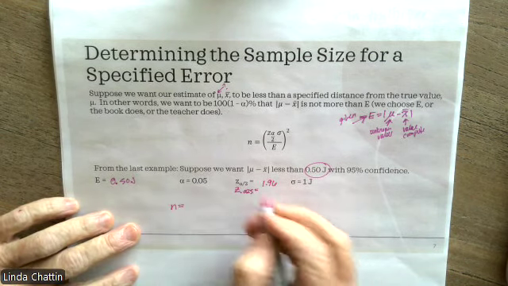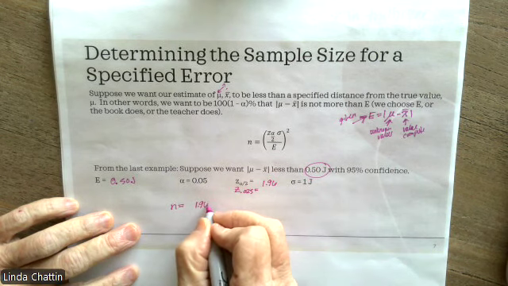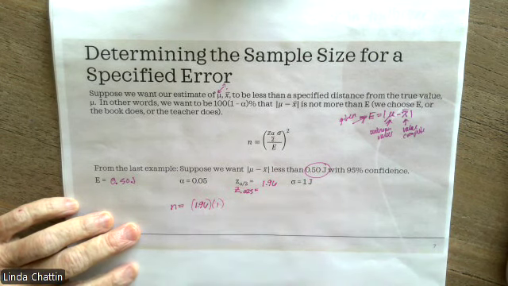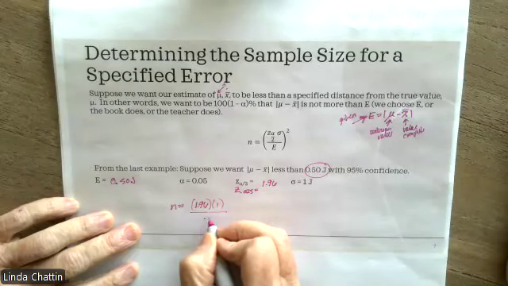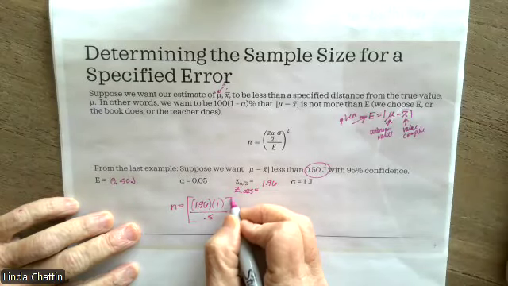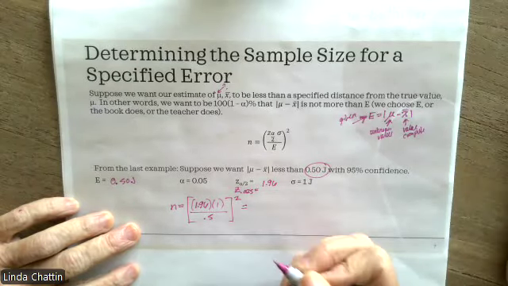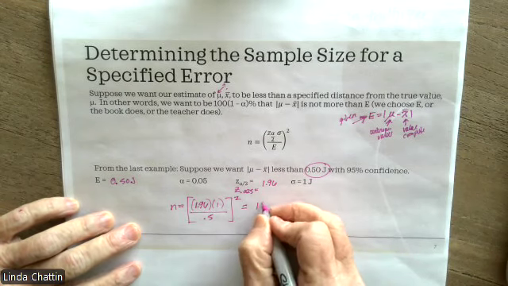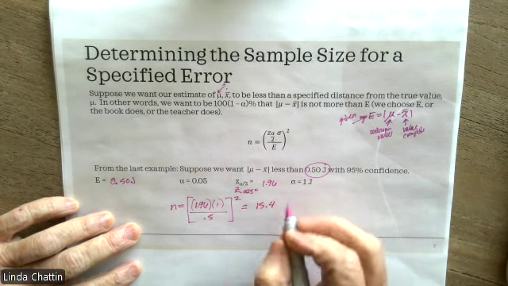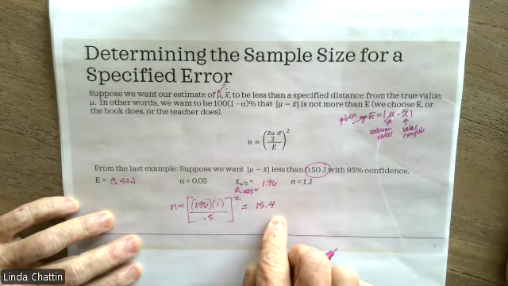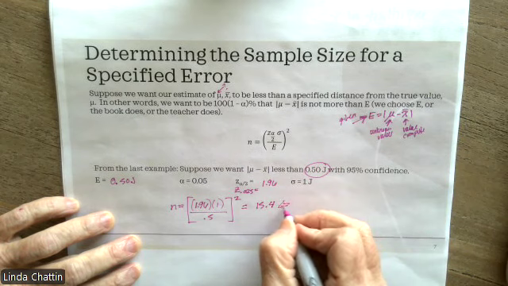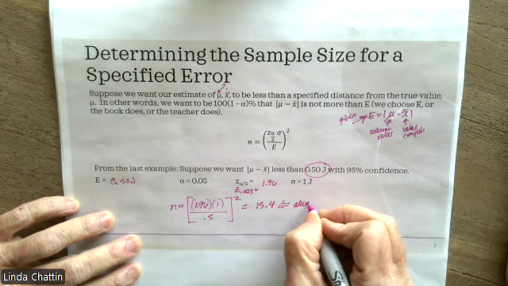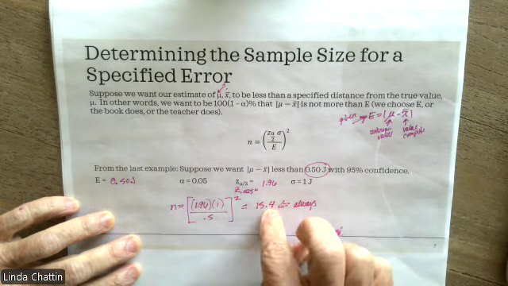N equals z of alpha over 2, 1.96, multiplied by sigma, which is 1, divided by E, which is 0.5, and then we take that whole thing and square it. And what you'll find is that works out to not be a whole number. It's 15.4. So we can't take 15.4 samples, so we always round up, no matter what, even if it's not over 0.5 here.